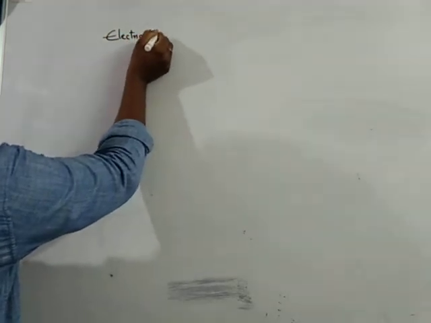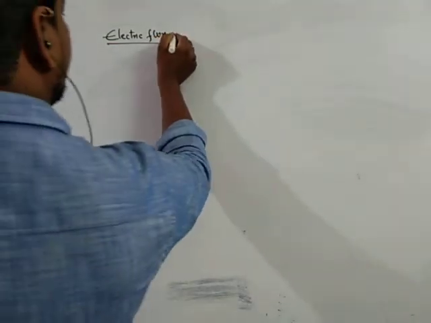electric flux. So next concept, electric flux. In these videos, I am giving only the theoretical part. At the end of this chapter, we will make one video where we will do all the numericals topic wise.